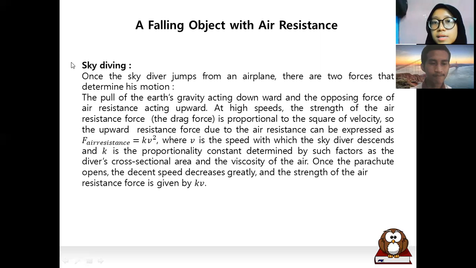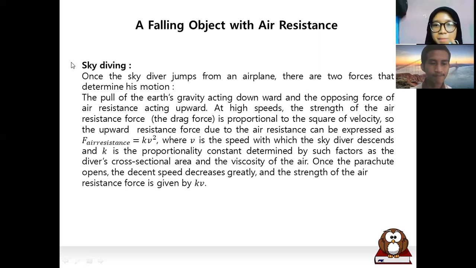At high speeds, the strength of the air resistance force, or the drag force, is proportional to the square of velocity, so the upward resistance force can be expressed as F air resistance equals k times v squared, where v is the speed with which the skydiver descends and k is the proportionality constant determined by such factors as the diver's cross-sectional area and the viscosity of the air.